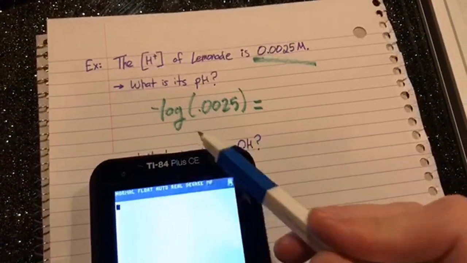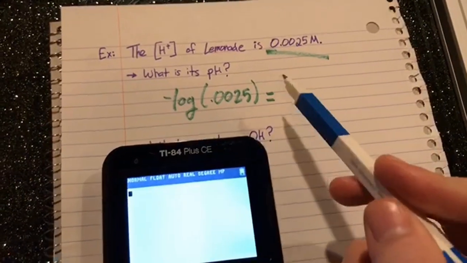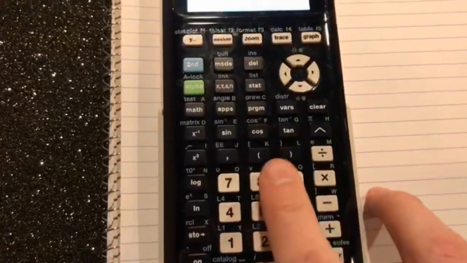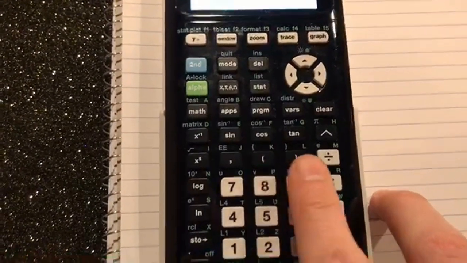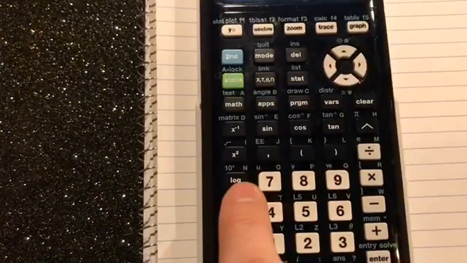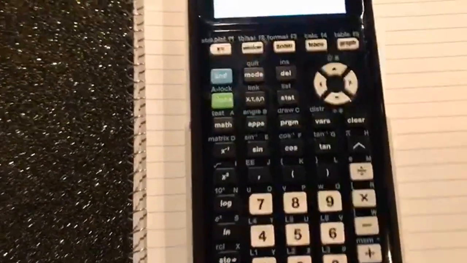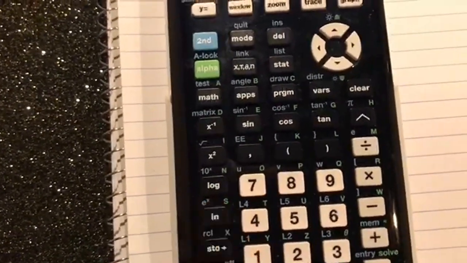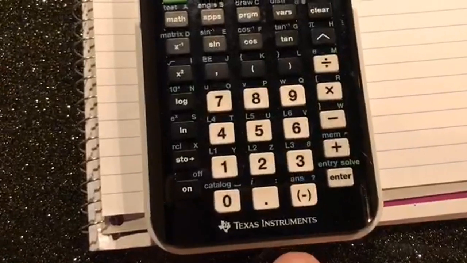All right, so we have the negative log of 0.0025, and that'll get my pH. I just want to show you on the calculator where you can find that log button in case you haven't used it before. So my TI, here it is. Again, based on whatever your calculator is, you may have to do something differently. You may have to look up online how to use it on your calculator.